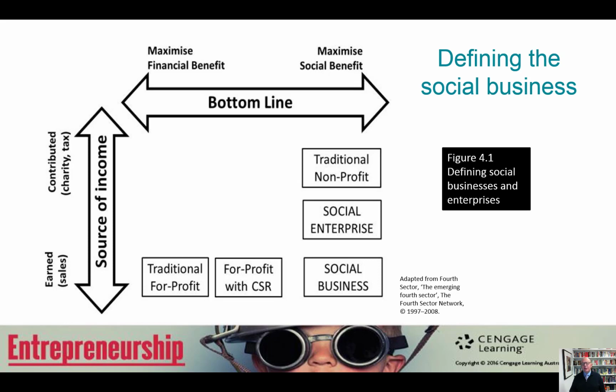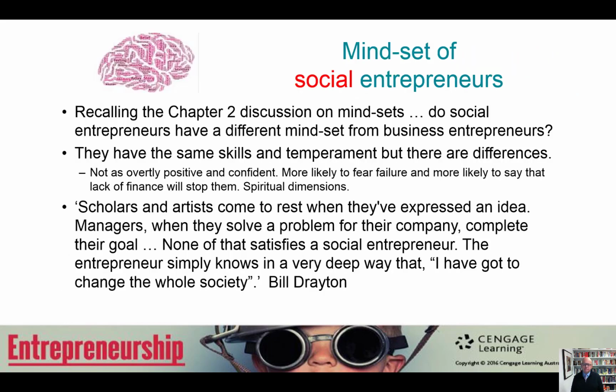Again, the line is a little bit blurred there, because some charities and social organisations like the Salvation Army or the Red Cross also raise some of their operating money through the sale of goods. So social enterprises tend to be very much about maximising social benefit, but doing that through the lens of a traditional business operation.